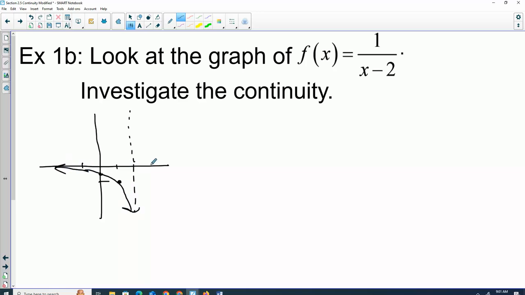If I put in a 3, I get 1. 4 is giving me a half. This section looks like this. Or we could use a calculator for a class example to get a graph. So, where is this graph discontinuous?